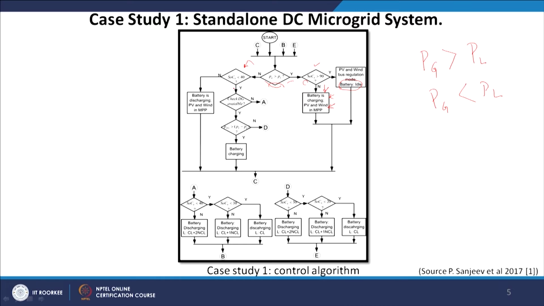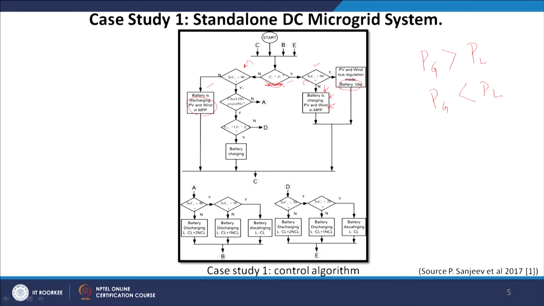Check whether the battery SOC is less than 40%. If it is not discharged below 40%, then the battery can discharge to meet my shortage of generation, and PV and wind operate at MPP certainly.